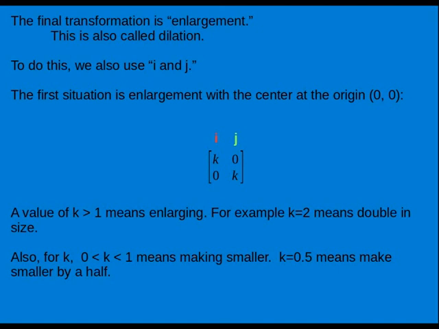By using the I and j matrix of k over 0 and 0 over k, with a value k greater than 1, it will mean increasing the size. For example, a value of 2 for k will mean that it doubles in size. For a value of k between 0 and 1, a fractional value such as 0.5 or 1/2, this would mean making it smaller, for example, smaller by half.